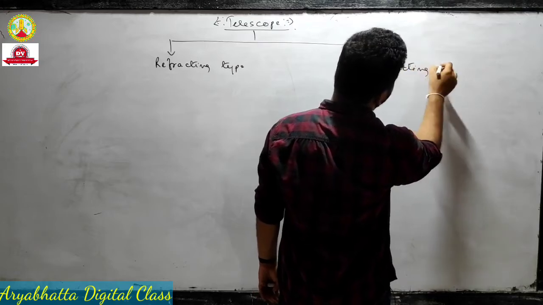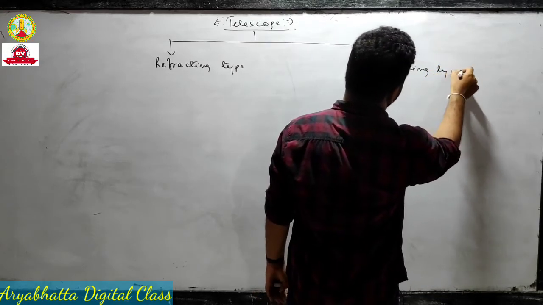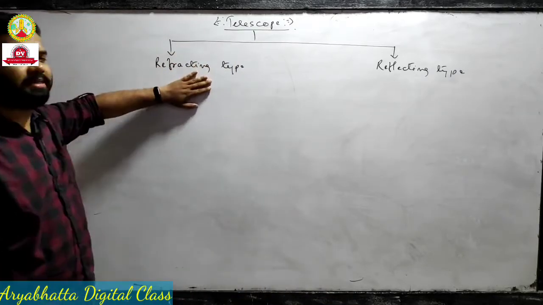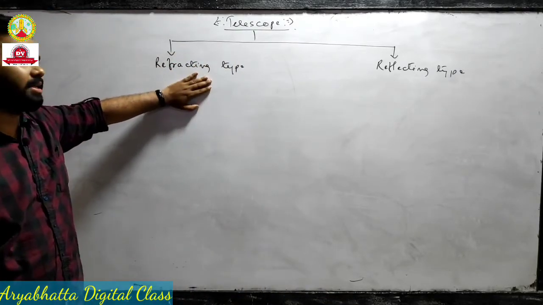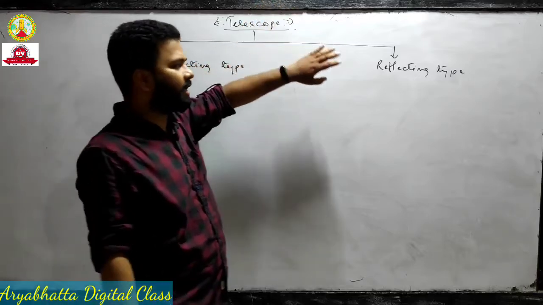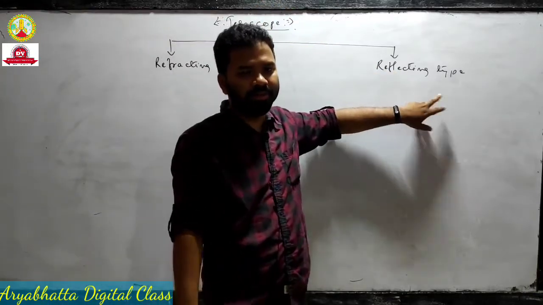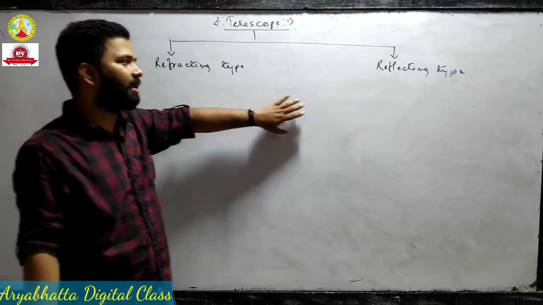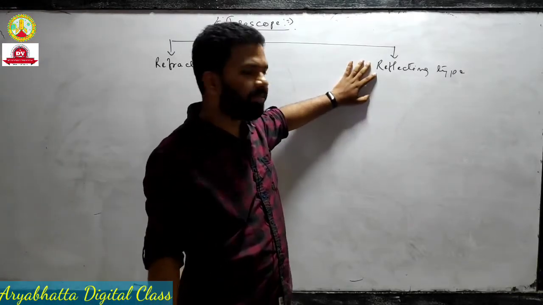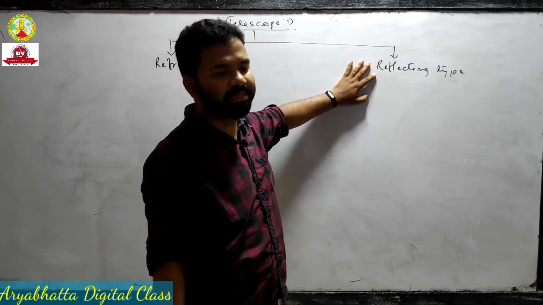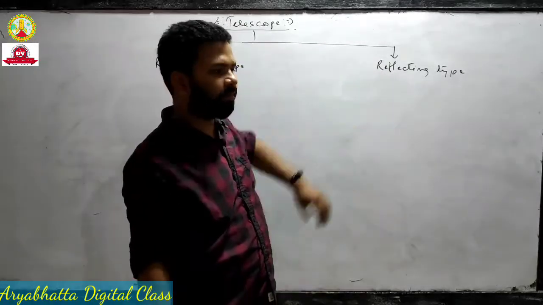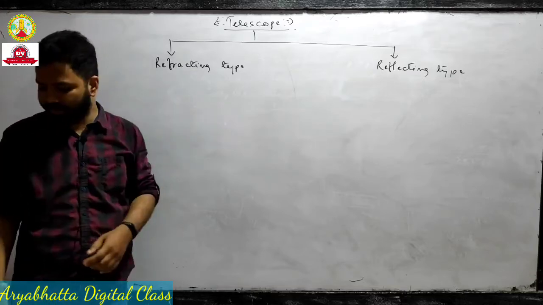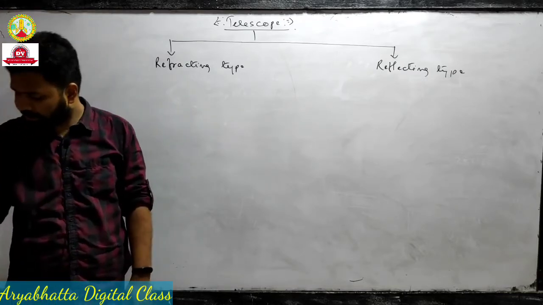Actually refracting type telescope has some disadvantages. To overcome the disadvantages, we will further use reflecting type telescope. So obviously in refraction we will use only lens, but in reflecting type telescope, instead of lens or two lenses, we will use one mirror. Okay. So there are two types of telescope, refracting and reflecting type telescope.